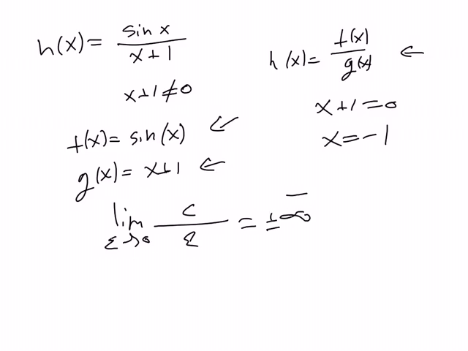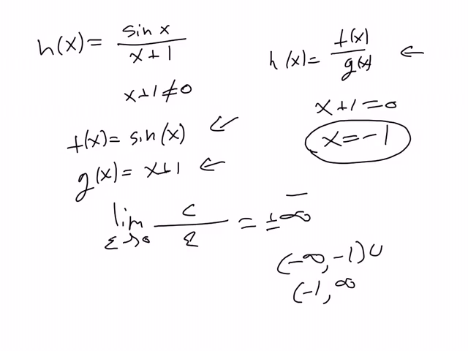So because of this, it's not defined for x equals negative 1. So its domain is negative infinity to negative 1, together with negative 1 to infinity, not including negative 1 and infinity. So it is continuous everywhere it's defined. It's defined on this, and it's continuous in that interval too.